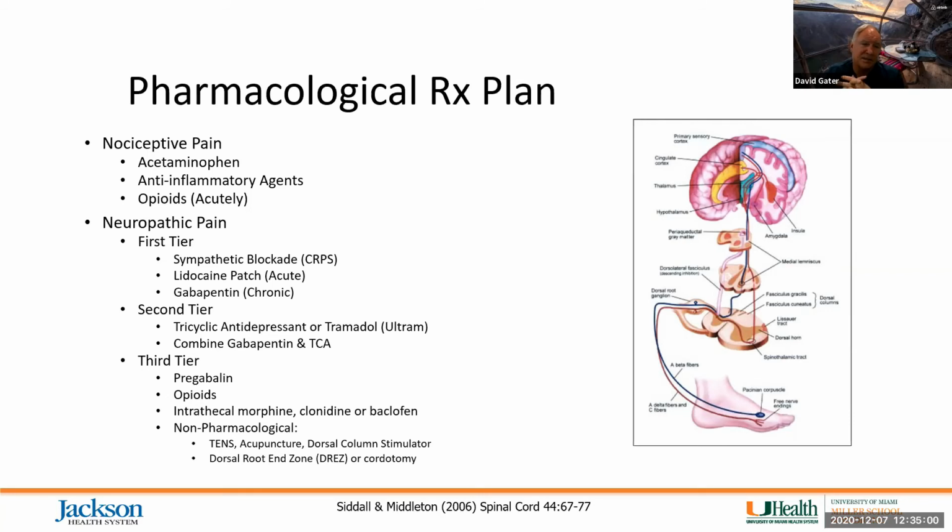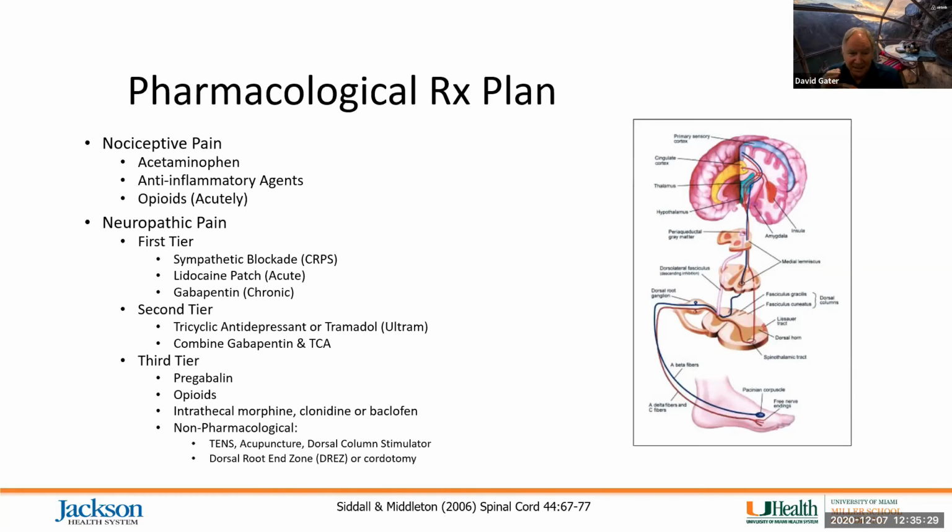Again, when it's neuropathic pain, typically we're going to be thinking about sympathetic blockade as our go-to. That's our first consideration, lidocaine patch in the acute setting and gabapentin in the chronic setting. If those options haven't satisfied us and the person continues to have significant problems, we consider a second tier, including tricyclics or tramadol, and combining gabapentin and a tricyclic antidepressant.